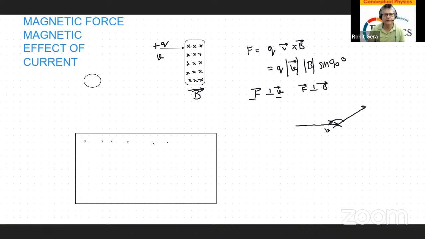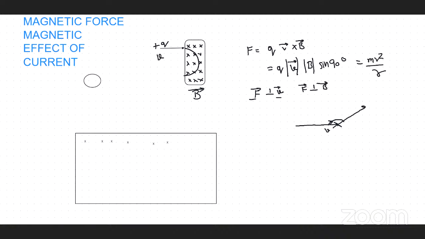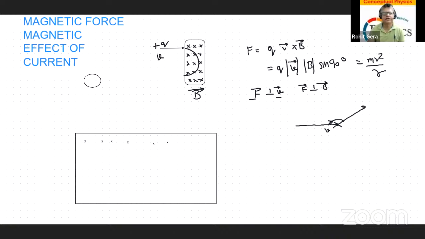It traverses a circle, which means this is equal to mv square by R, just a repetition of what we studied.